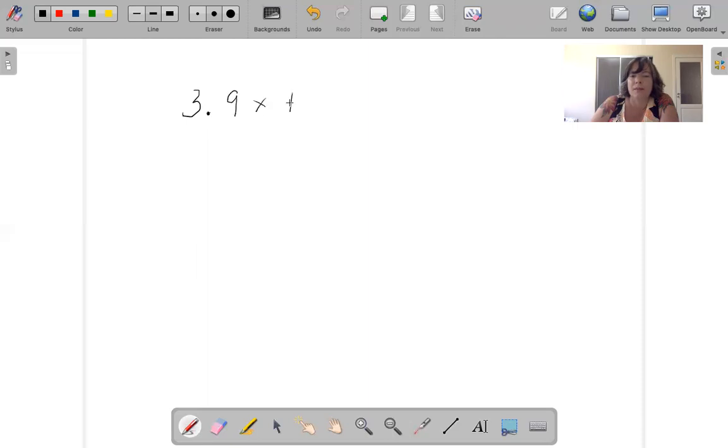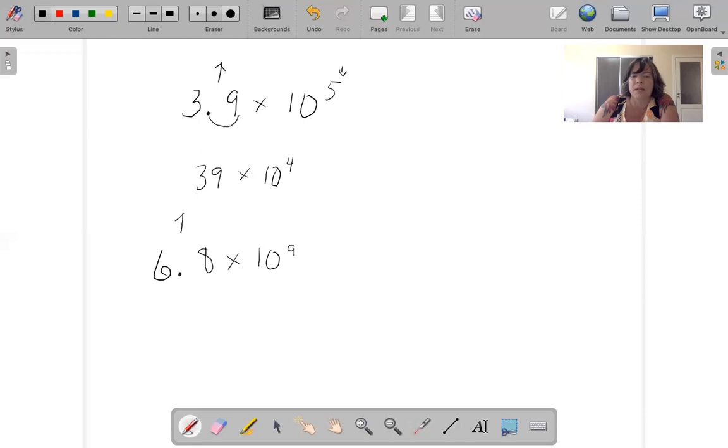3.9 times 10 to the 5th. I want to make this number a 4. So as this goes up, this goes down. So I move this over here, make that 39 times 10 to the 4th. 6.8 times 10 to the 9th.